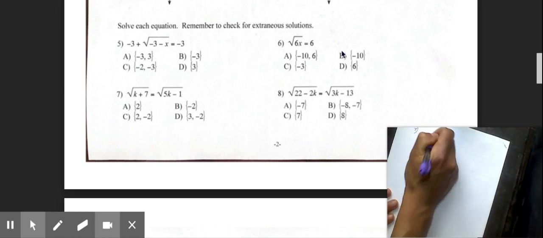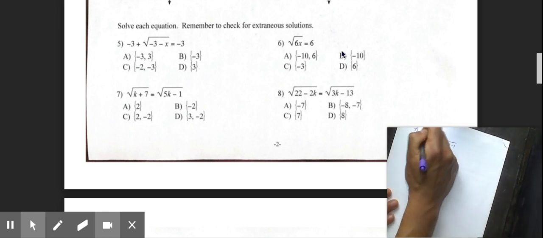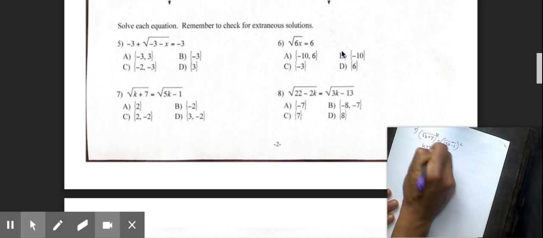Number 7 and number 8 both have a square root on both sides of the equal sign. So square roots are isolated, so you can square both sides. You eliminate the square root symbol. Then you're just solving this linear equation.